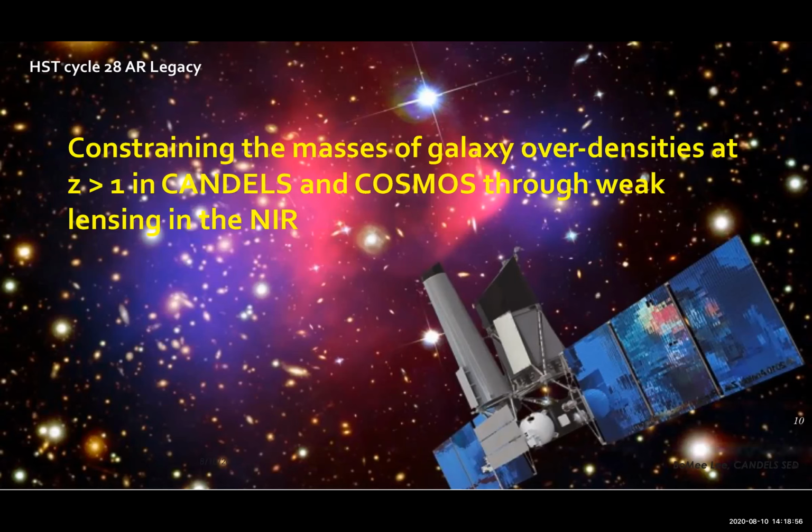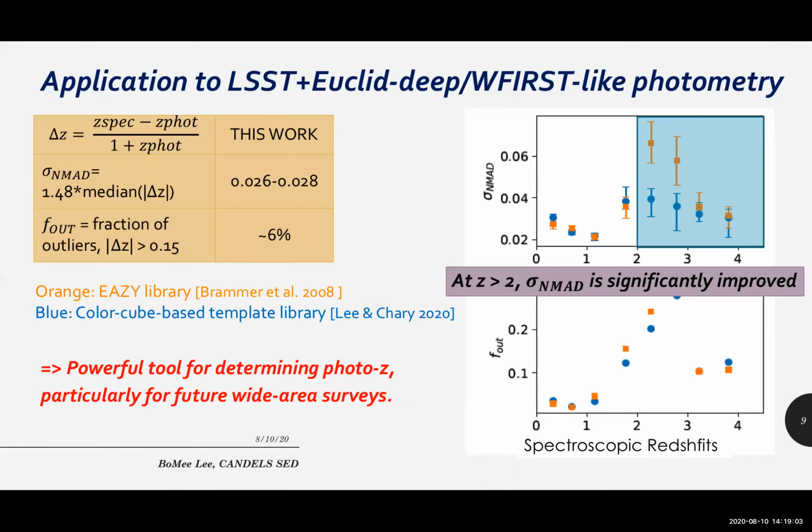So can you go back to the place where you were showing the sigma NMAD? Yes. So this is just a curiosity, but do you know why the sigma NMAD sort of goes down and jumps back up between redshift 1 and 2? Oh, here. Yeah, yeah.